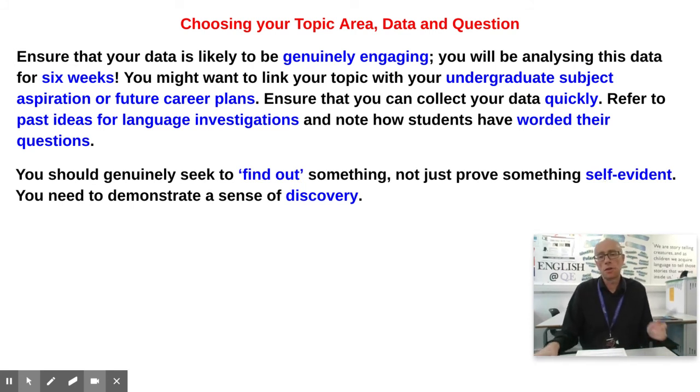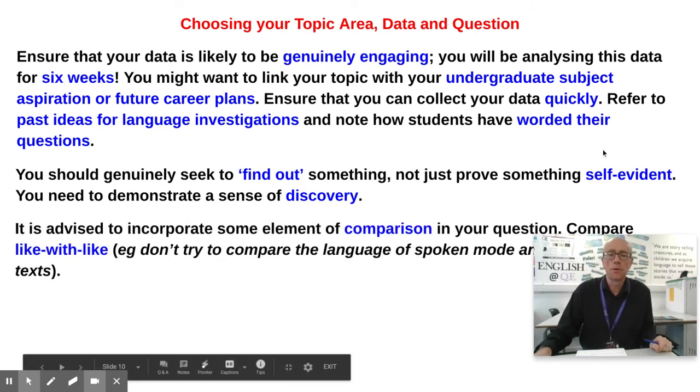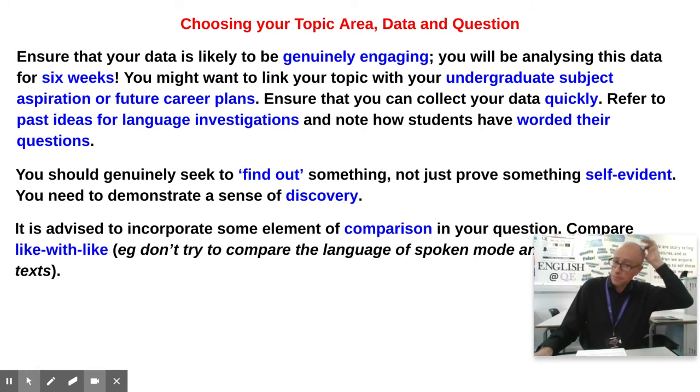The thing about your language investigation is it needs to be a process of discovery. You do need to be genuinely seeking to find something out, not just proving something that was pretty obvious to start with. Okay, so discovery is the key word. I would always try and incorporate some elements of comparison in your question, okay?